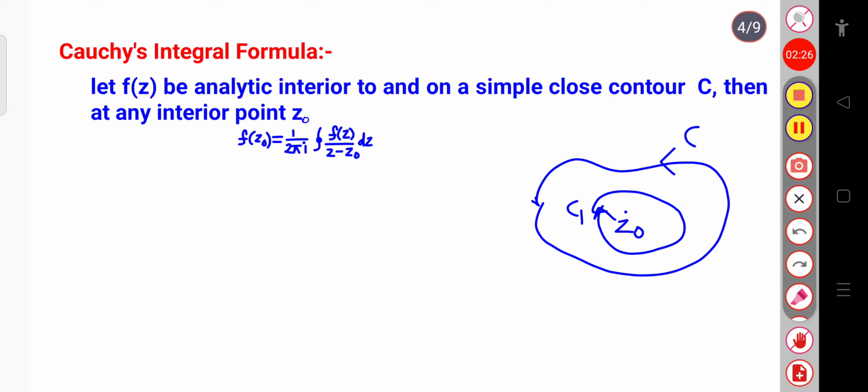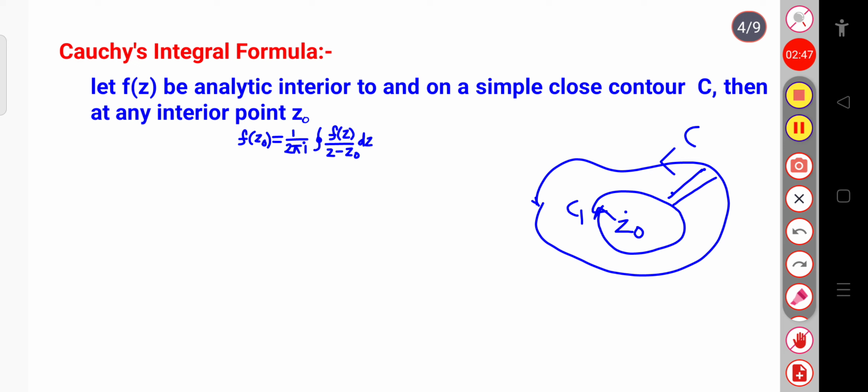This multiply connected region can be converted to a simply connected region by drawing a small cross cut, or these parallel lines joining the contours C and C1.